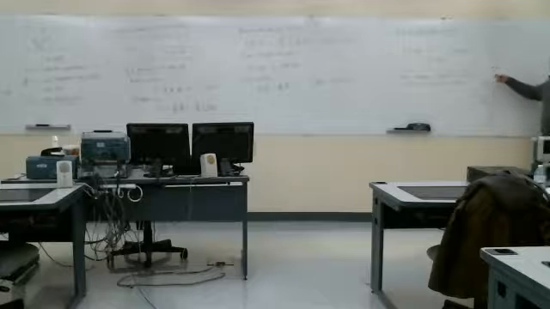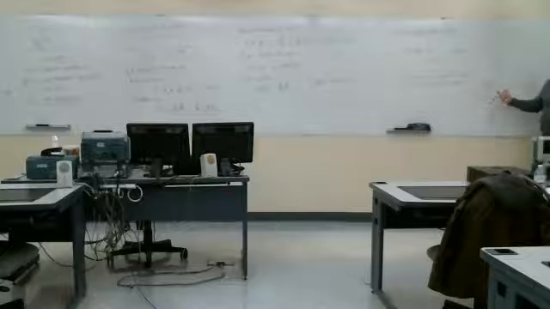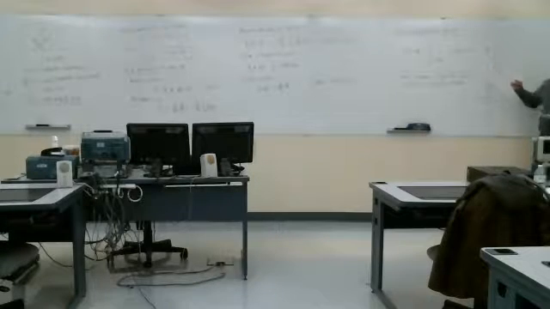But here's the issue: if I take my surface like this through the capacitor, there's no current here. So this is the correction that Maxwell made to Ampere's law that made this correct.